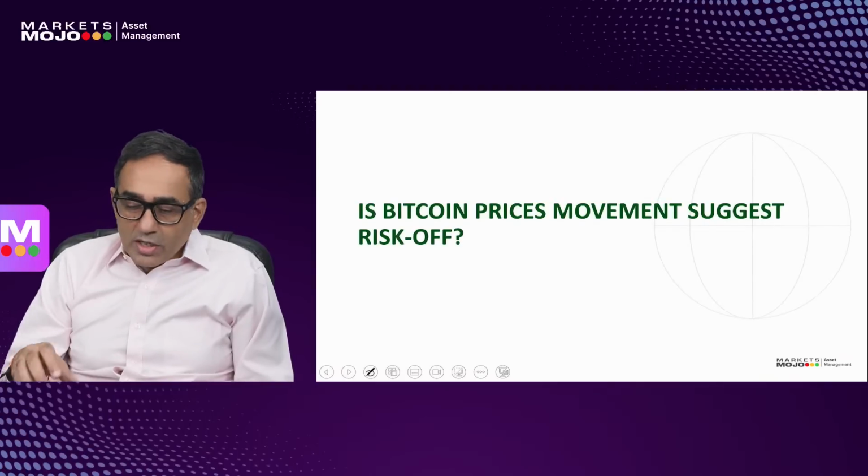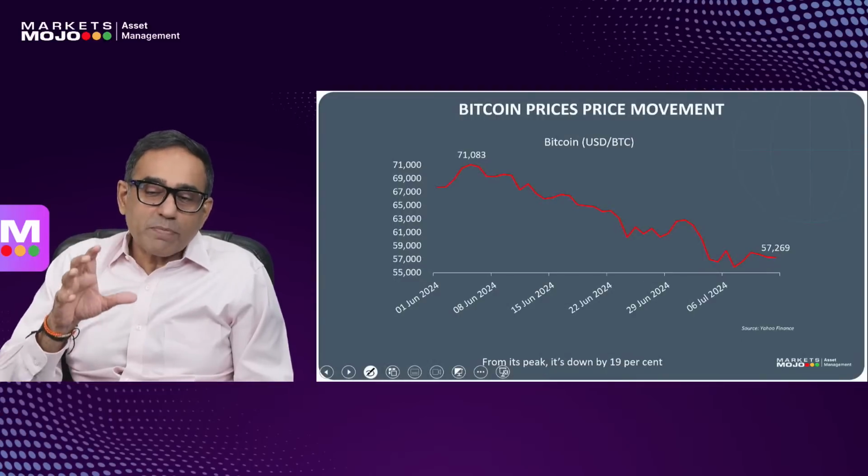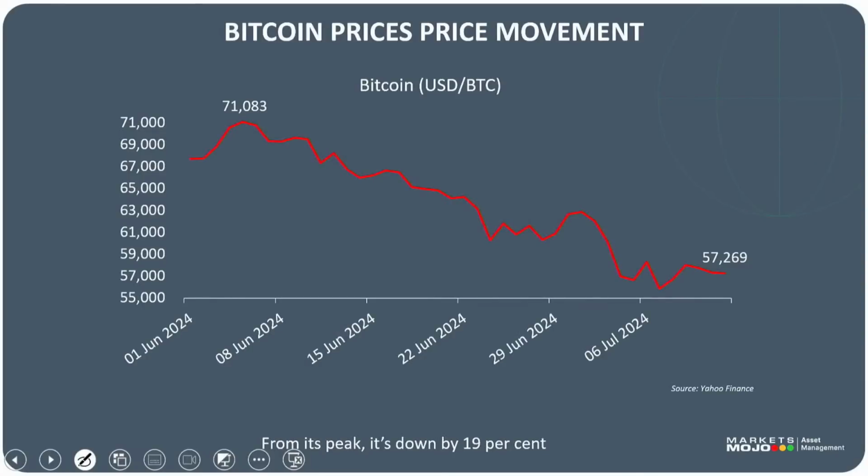And what comes as a surprise to me is that Bitcoin prices from its peak of 71,000 have come down to 57,000. In other words, it is down by almost 19% from its peak. 71,000 was not in the very distant past. We saw that number in the month of June.